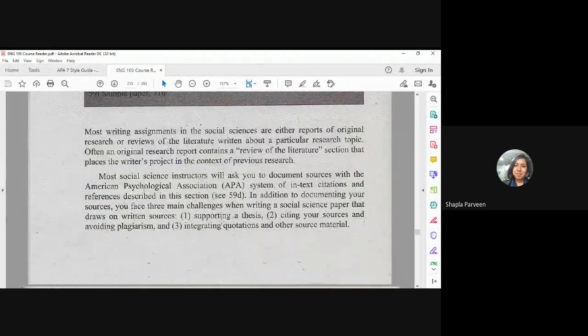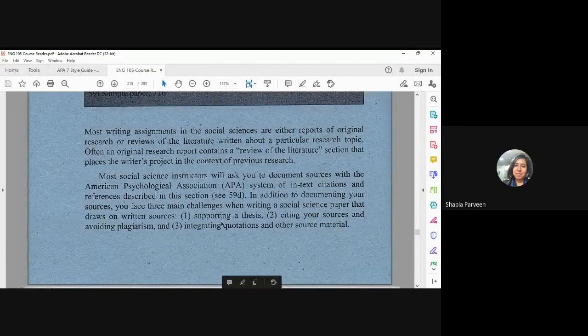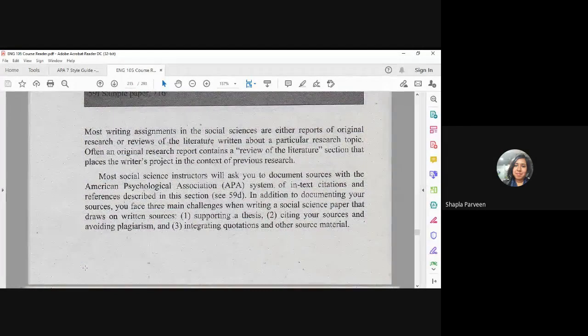Anyway, we'll be following APA. Say in the future, if you write something and the publishers say that you have to follow the MLA rules, Modern Language Association, then of course you have to learn those rules. Okay, and so I think there's a booklet for that as well. Anyway, you can't learn 2 sets of rules at the same time.